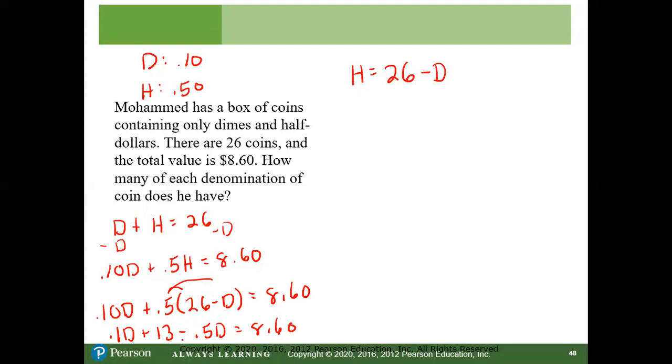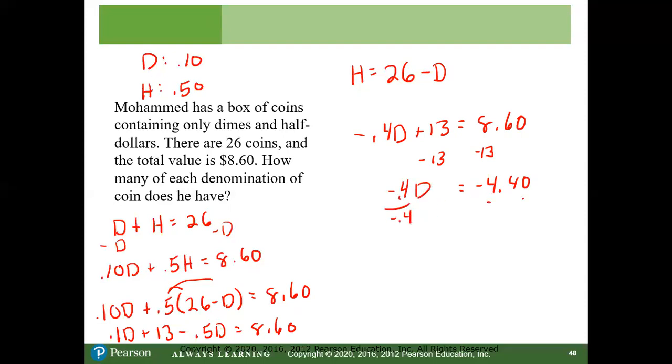And then we're just going to start to combine like terms. So 0.1D minus 0.5D is going to be negative 0.4D plus 13 is equal to 8.60. Subtract 13 from both sides. You have 8.60 minus 13, which will give you negative 4.40, and you still have negative 0.4D here on the left-hand side.